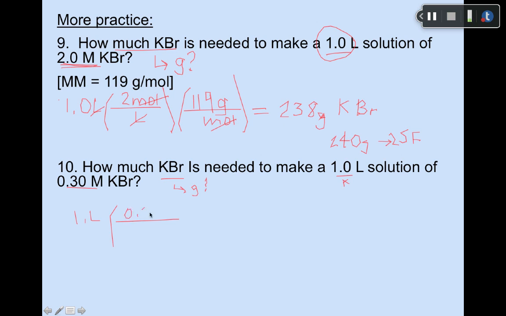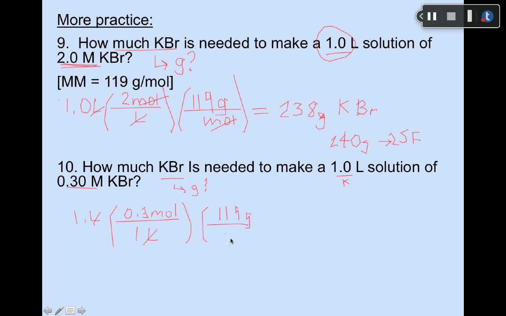So 0.3 moles. If you put that on the top, the liter goes on the bottom, and it cancels out. That's advantageous. And then we need to get rid of moles because we can't measure moles directly. So we'll use molar mass, same as the previous example. And that's 119. Thank you for calculating ahead of time.